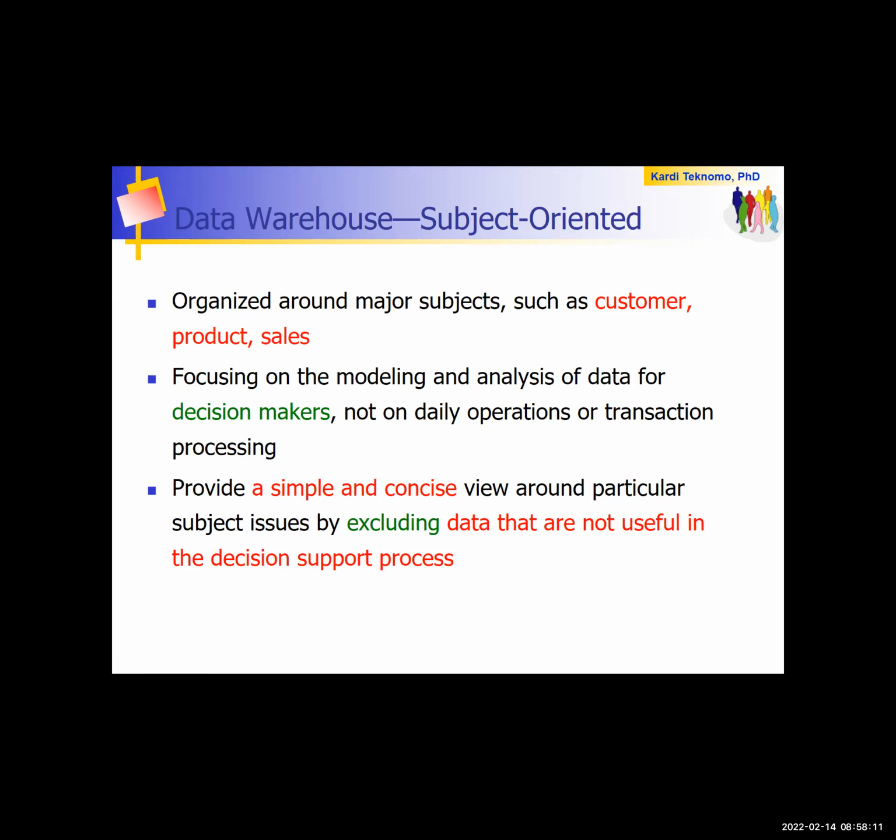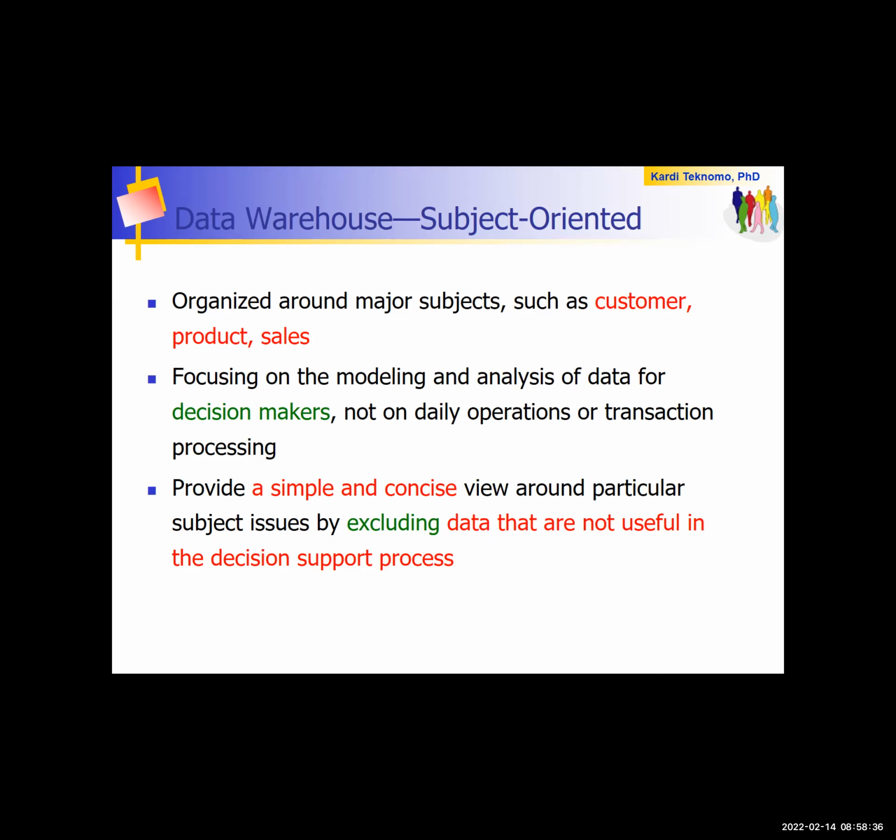So it's subject oriented. That means depending on the subject. For example, customer, product, sales. So the focus is on the modeling and analysis of data for the decision maker, not on daily operation, not for transaction processing.